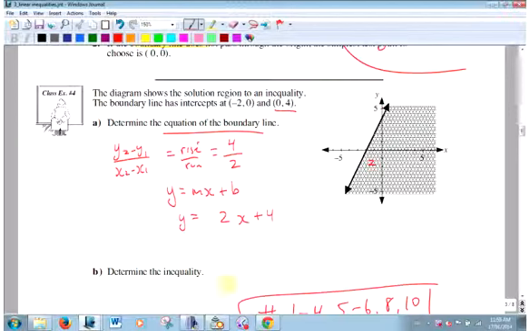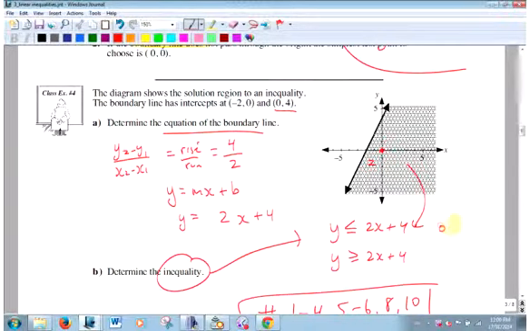When we're trying to make the inequality, that's a solid line, right? So you've got two choices. It's this, or it's that. Is it all y values less than that line, or y values greater than it? Use a test point. Choose one of these, plug that in, and see if it works. Let's try this one. Is 0 less than or equal to 0 plus 4?